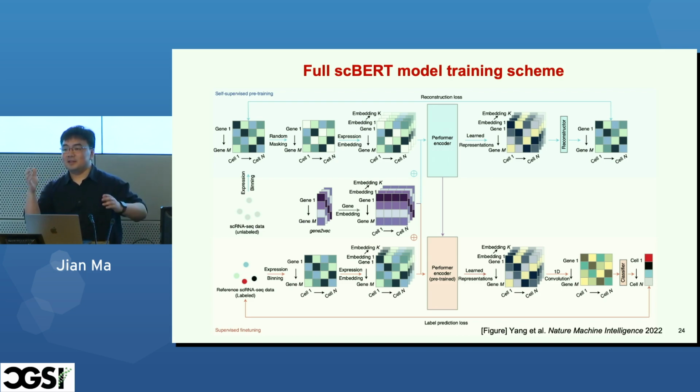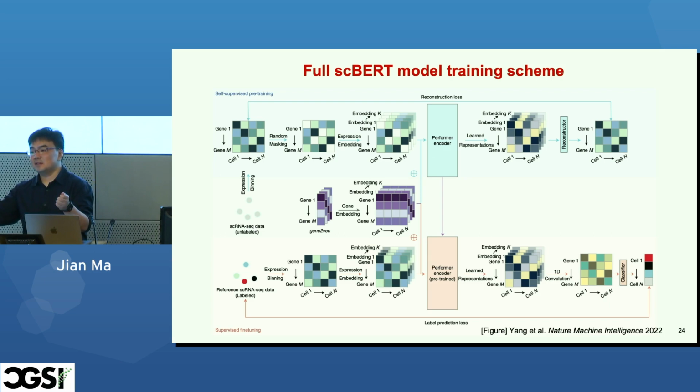In almost all of these methods, they view a cell as a sentence and a gene as a word. So the next question is, how do you represent a word in terms of expression, because expression is continuous and has a lot of noise? One way to mitigate that is to do binning.